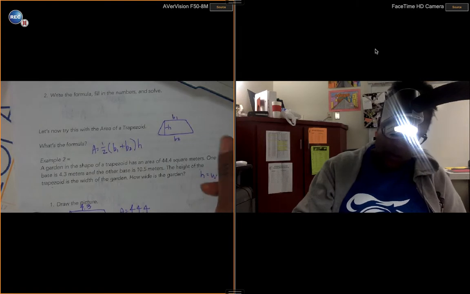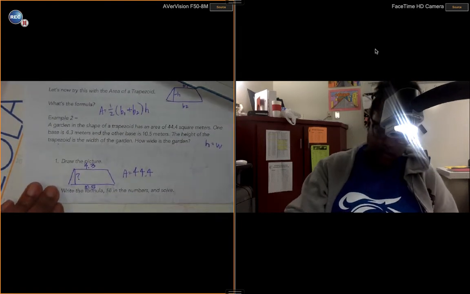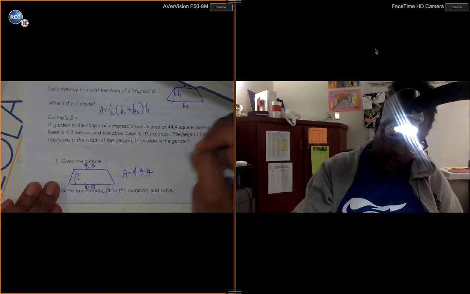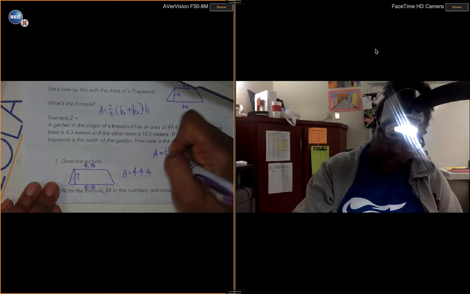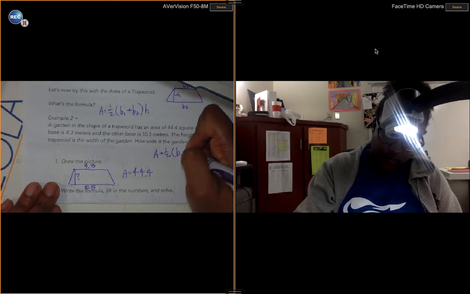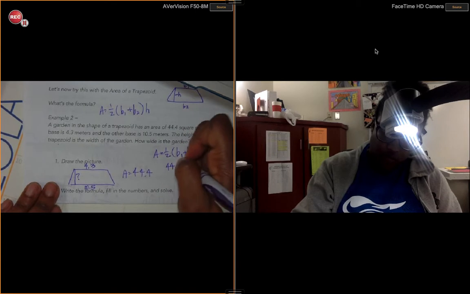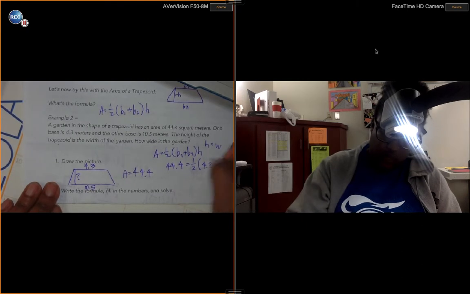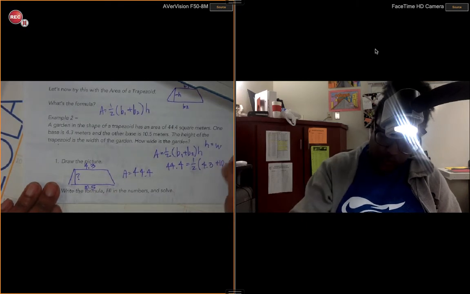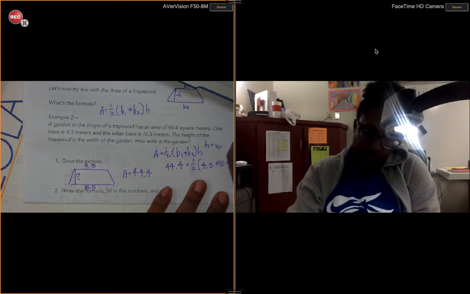So we're going to plug in the information that it gave us. I'm going to write my formula here just so it's easier to see again: area equals one half times base 1 plus base 2 times height. So 44.4 equals 1/2 times base 1, 4.3, plus base 2, 10.5, and then we do not know our height.